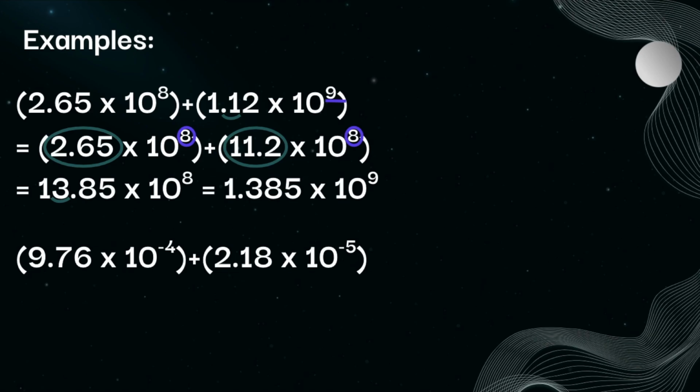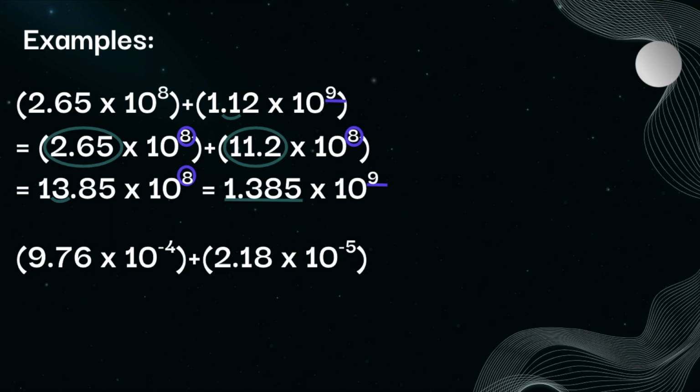So what we have to do here is move the decimal point one place to the left. And remember that when we move the decimal point to the left, we add. In this case, we moved it just one place, so we add 1 to the exponent, and it ends up being 1.385 times 10 to the 9. Now, try to do the second example, and we'll do it together then.